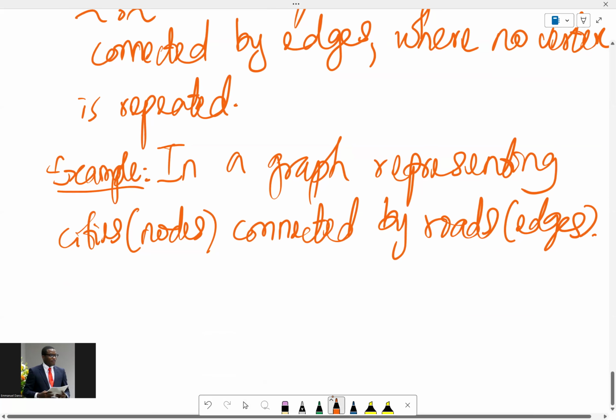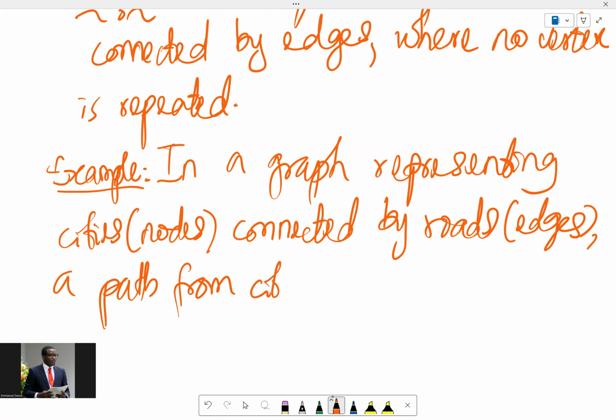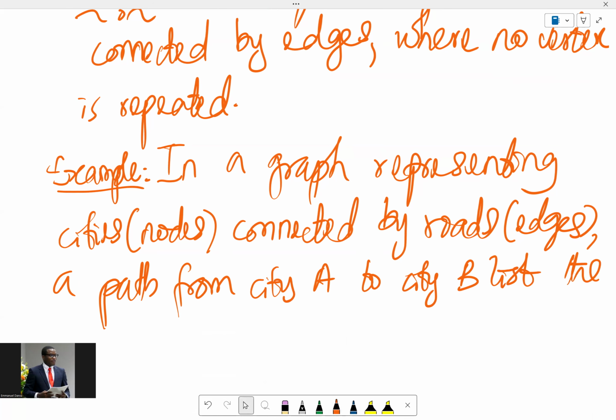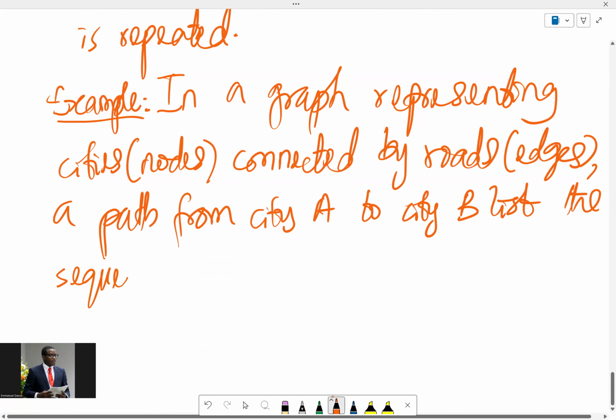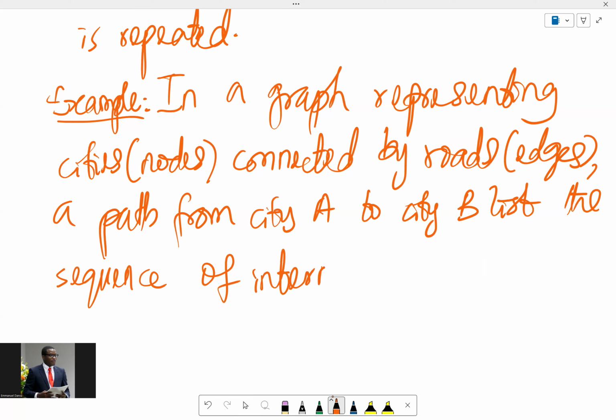A path from city A to city B will list the sequence of intermediate cities. That's a path. Okay.